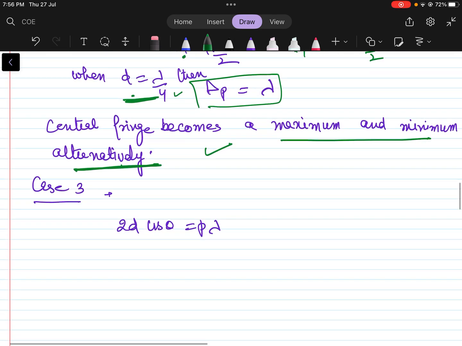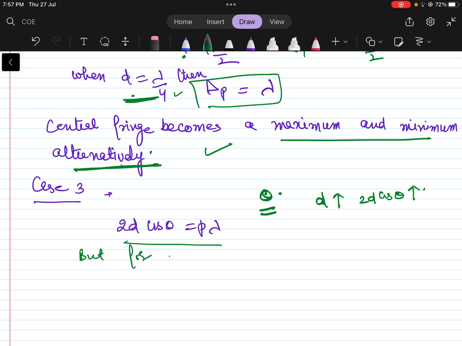And the third case: if we look at the fringe pattern obliquely, that is inclined to the optical axis at a certain angle theta, we observe the circular fringe, say a minima, for which d decreases, and if d increases, then 2d cos theta also increases. So 2d cos theta is equal to p lambda.